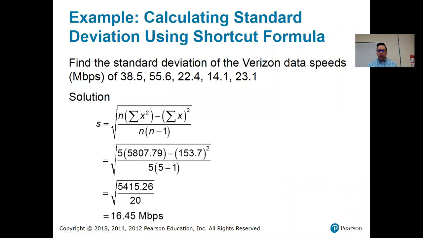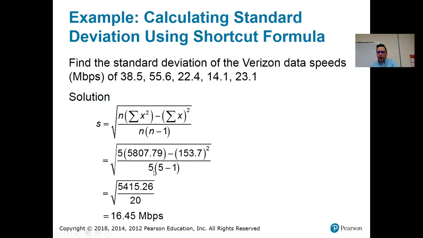Here is the so-called shortcut formula. The sum of the squares, that was the 5807 and some change. The sum of the original data, 153.7. So you do the sample size times the sum of the squares right here. And then you subtract the square of the sum of the x's and divide by n times n minus 1.